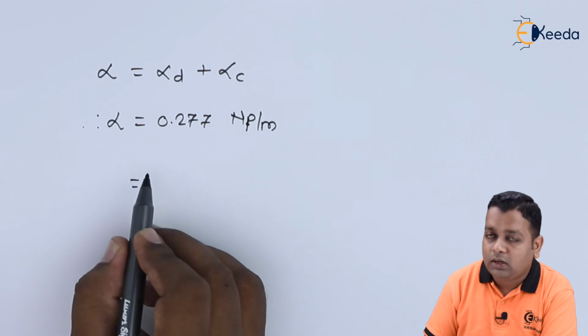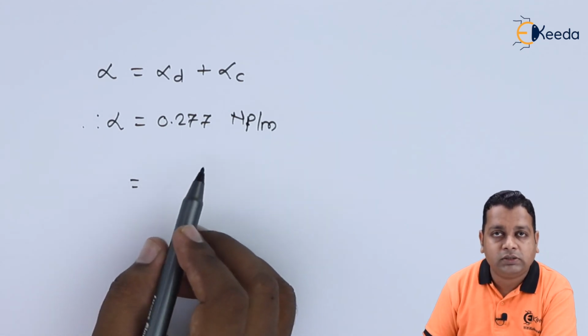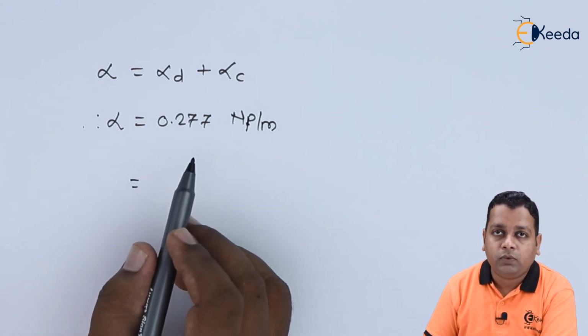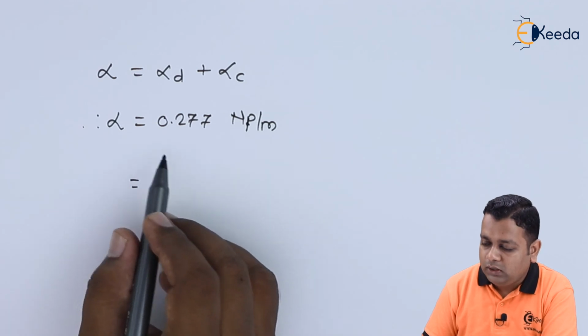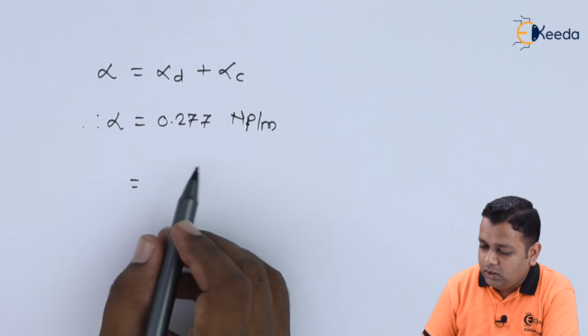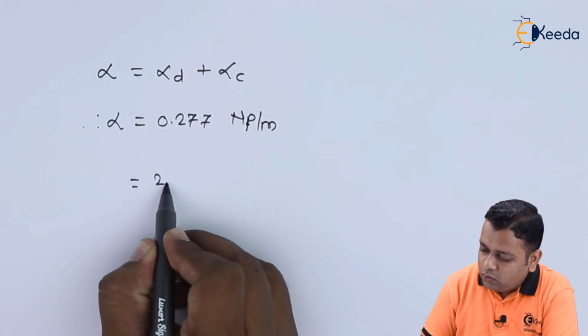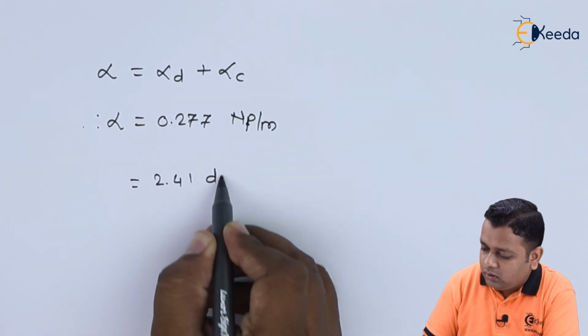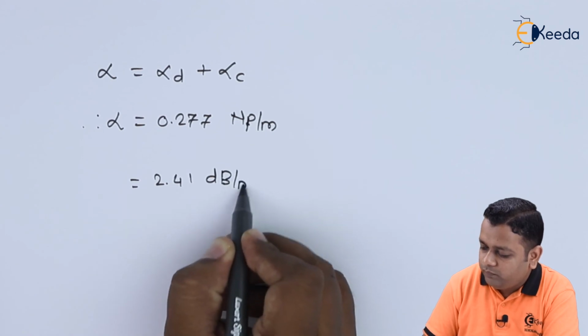When we want to convert that into decibels, we take the logarithm to the base 10 and multiply it by 20. So here we obtain 2.41 decibels per meter.